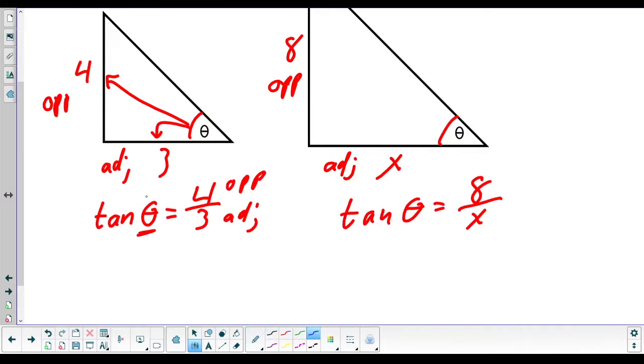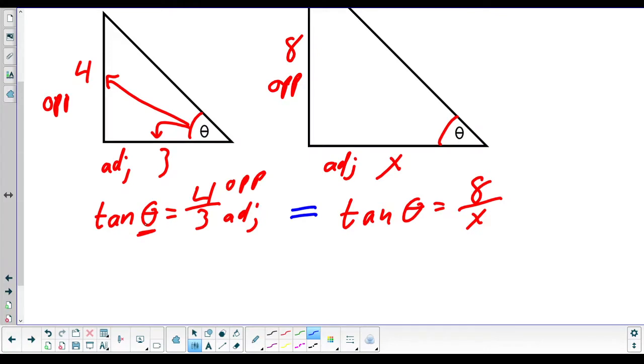Because tangent of any angle is always equal to the same ratio, tangent of this theta has to equal tangent of the same theta, even if we're looking at two different triangles. Comprende?